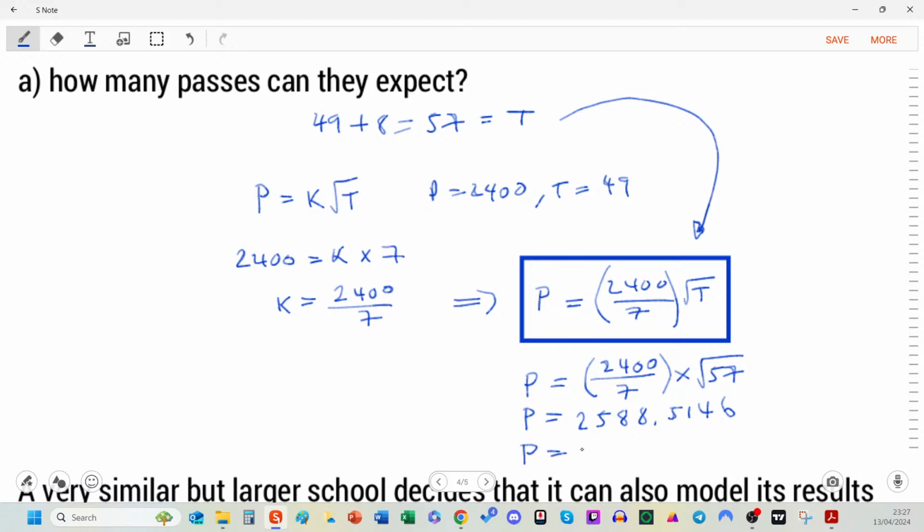And we can round that to something sensible because we're not going to get half a person passing. You could argue that it's only a prediction, so it doesn't matter, and it's indicative of where it's going. So why not just round it up to the nearest whole person, and we'll make that 2,589 passes.